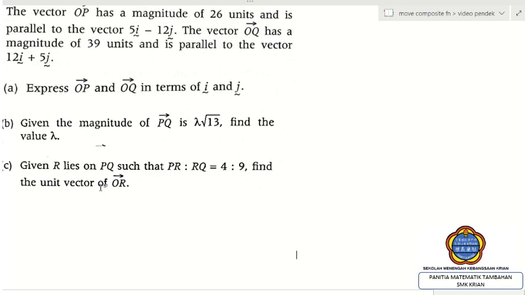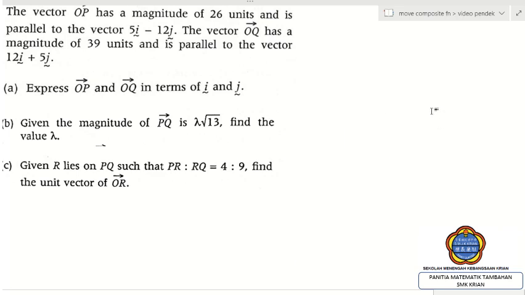Vector OP has a magnitude of 26 units and is parallel to the vector 5i minus 12j. The vector OQ has a magnitude of 39 units and is parallel to the vector 12i plus 5j. Question A, express OP and OQ in terms of i and j.